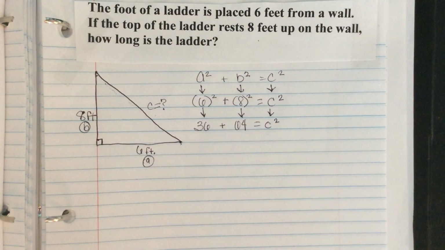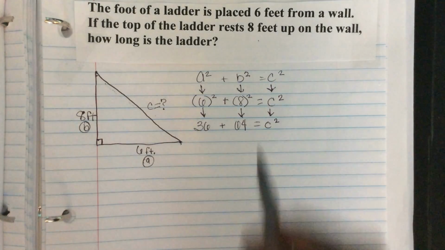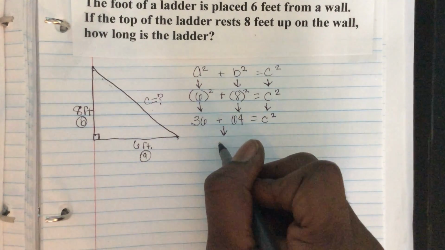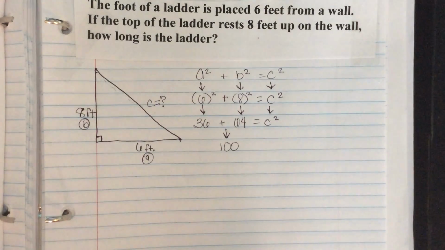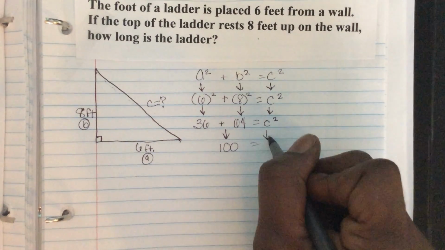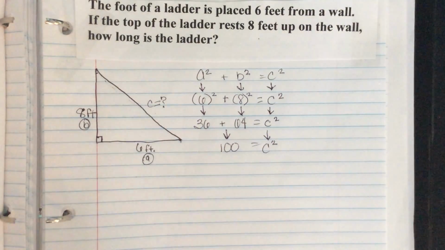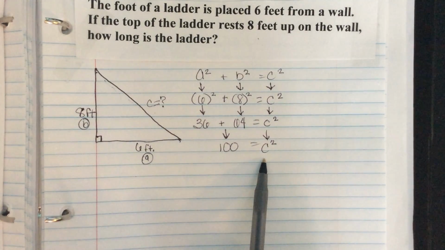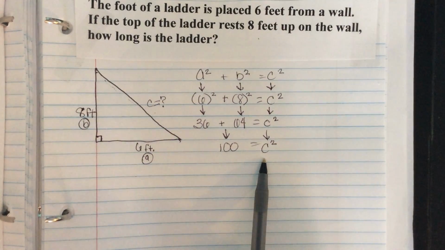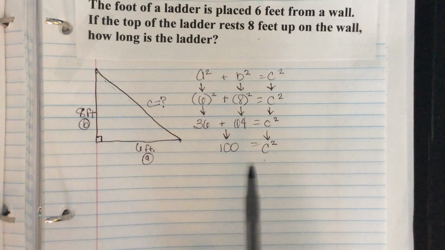When I add 36 plus 64 together, I get 100, and that equals C squared. But this C squared is 2 of the C's, C times C, but we only need 1.